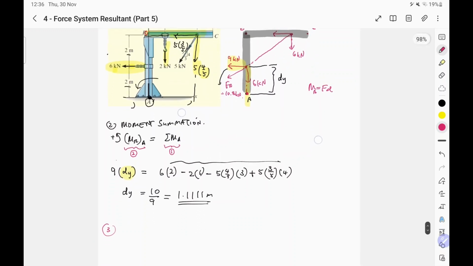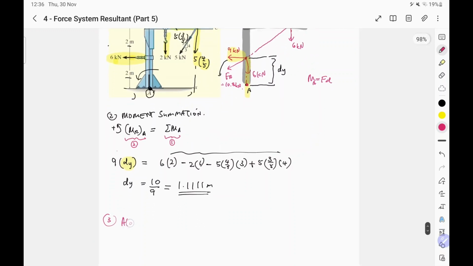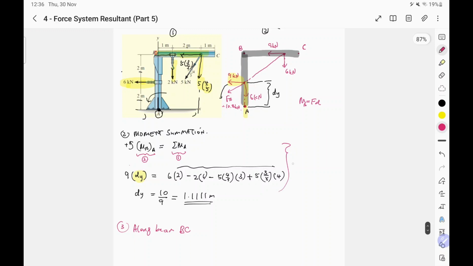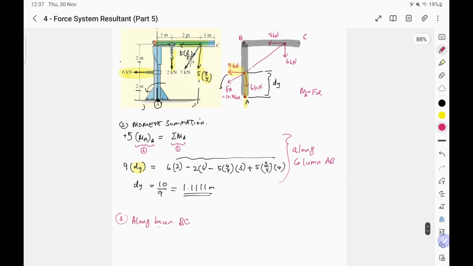This time around we calculate along beam BC. Okay, what we worked through earlier was for along beam or along column AB. The second part, we want to know the distance along beam BC.